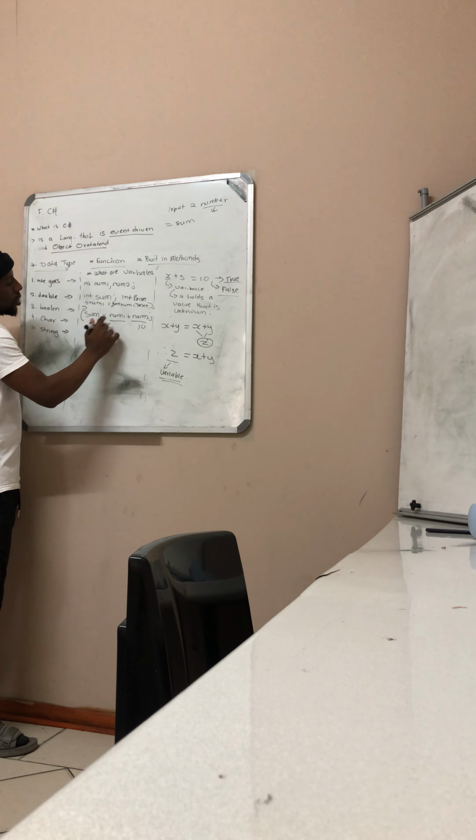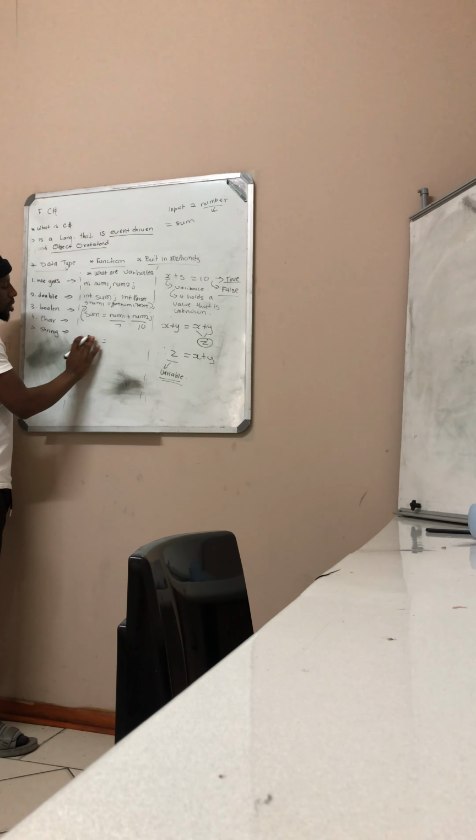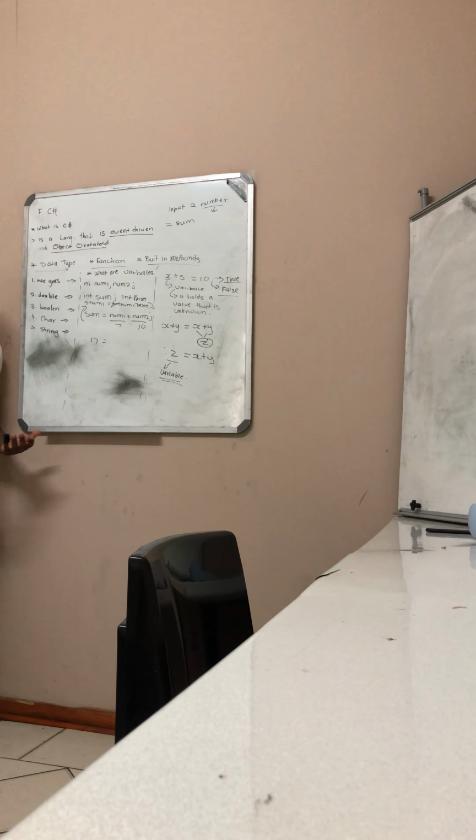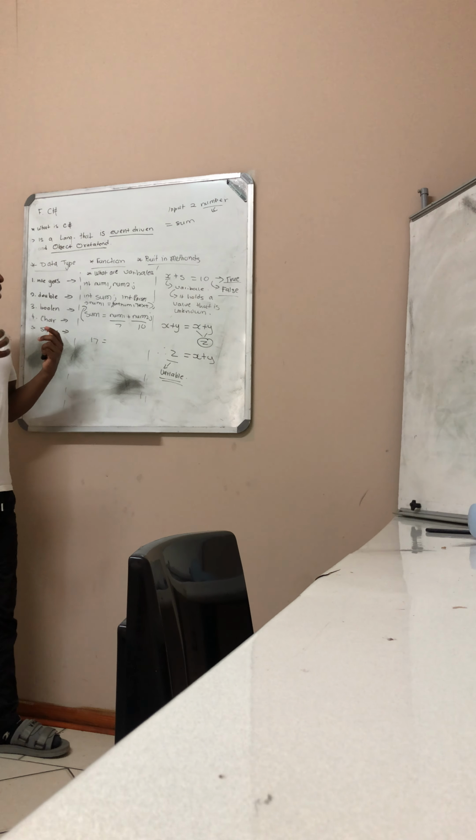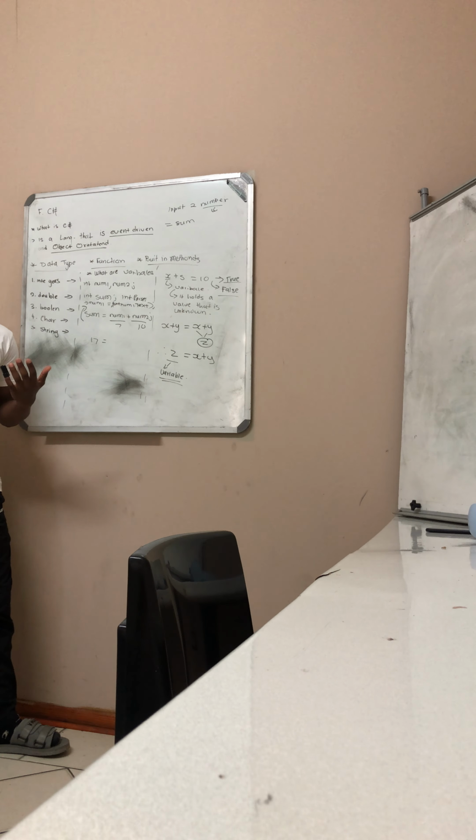Someone else can input 7, well, the answer now is changed. So it doesn't have limits because it can change depending on the user. So that is the benefit of coding.